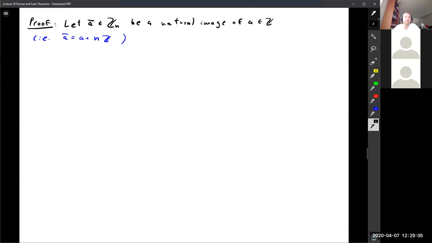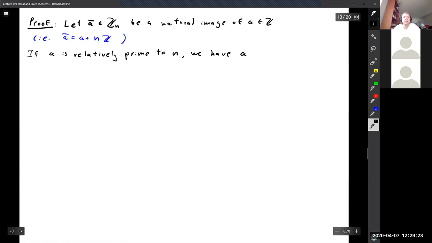Then if A is relatively prime to n, this A bar belongs to the multiplicative group Zn cross. And the order of this multiplicative group is nothing but the Euler phi function.